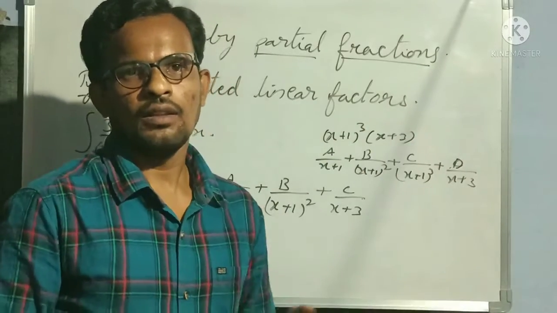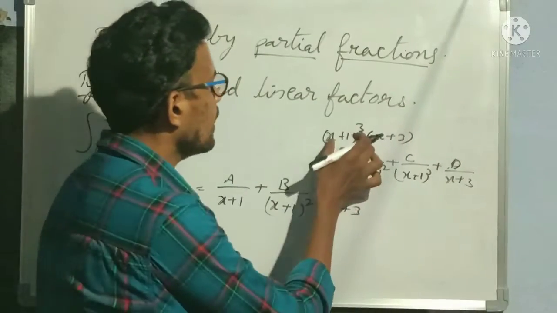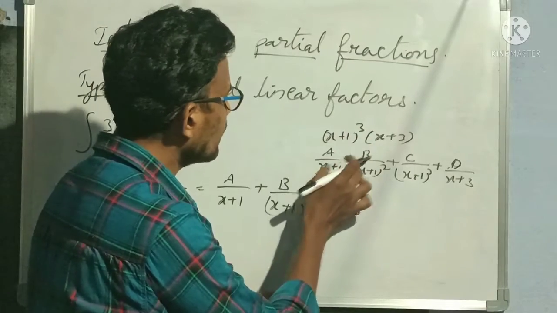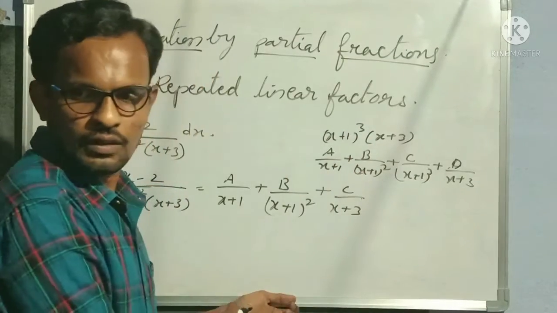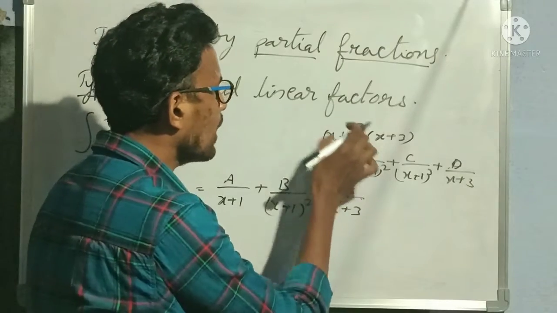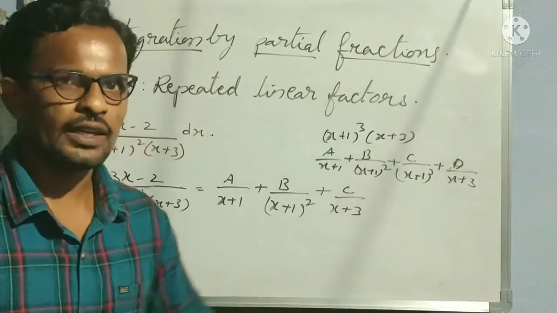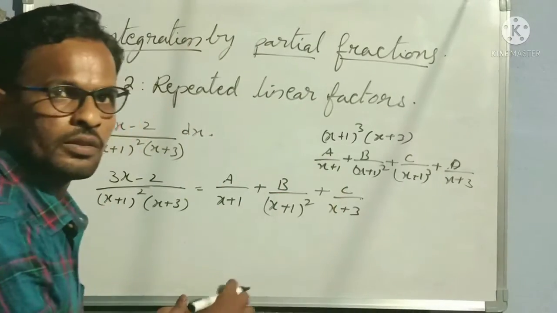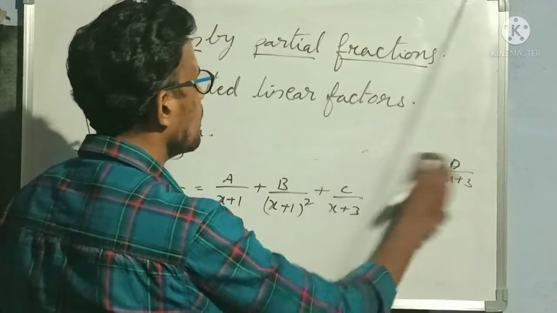When there are 3 times repeated linear factor, then we have to take 3 constants. Clear? Anyone has any doubt? No doubt, right? So let us solve this problem.